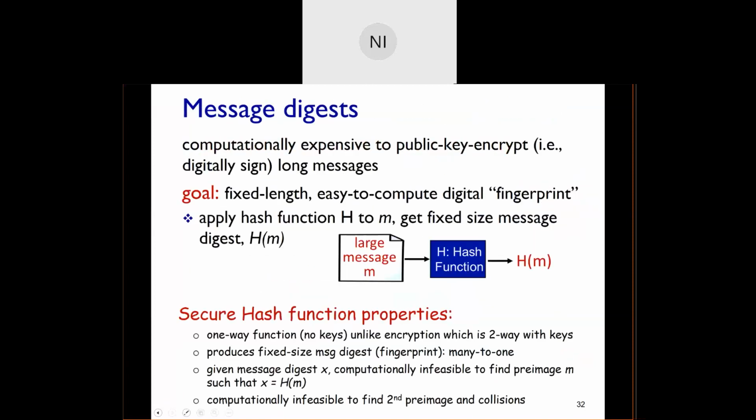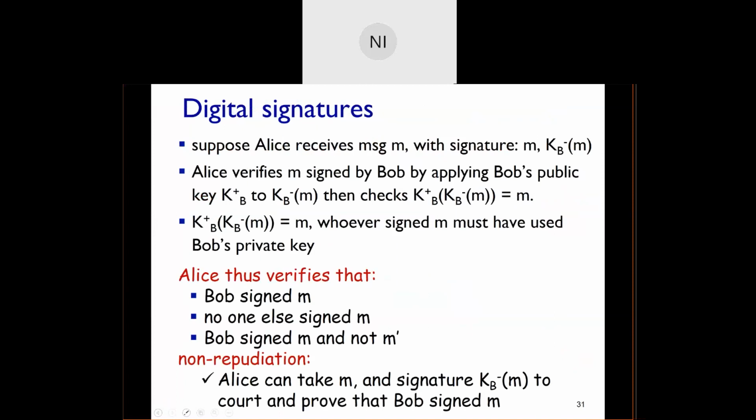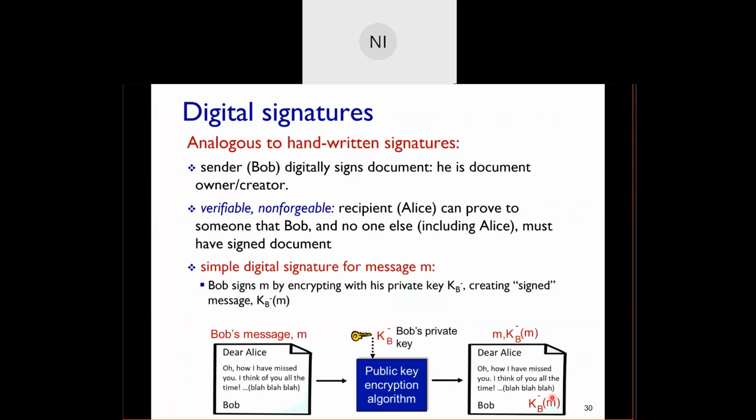If you go back here, this is a lot of data. Look at what we are doing here. Bob has message M, and what Bob is doing is signing the entire message. So here, Bob is sending two things. Let's assume that the message is of size 5 MB.